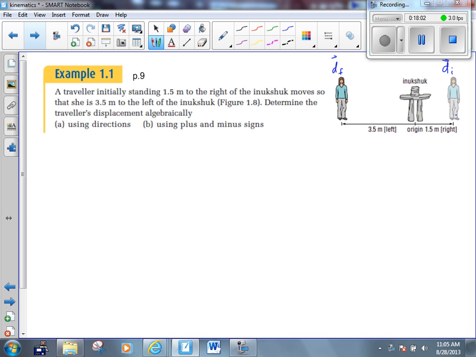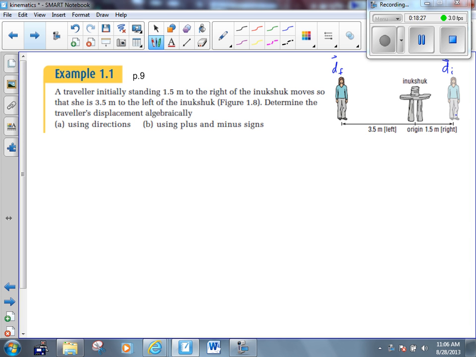Who can tell me what her distance traveled is, first of all? That's not asked there, I know, but who can tell me how far she's traveled, what her distance is? I'll give you a hint. If you think you know the answer, you probably do. It's not very hard. What's her distance traveled? 5 meters, good. What's her displacement? Not without using any kind of plus and minus.